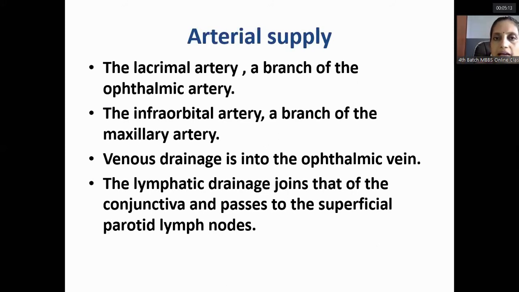The lacrimal gland is supplied by the lacrimal artery, which is a branch of the ophthalmic artery, and the infraorbital artery, which is a branch of the maxillary artery. Venous drainage is into the ophthalmic vein, and lymphatic drainage passes to the superior parotid lymph node.